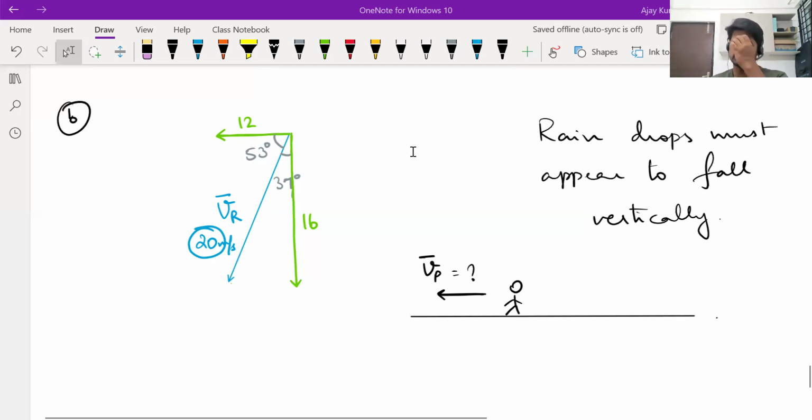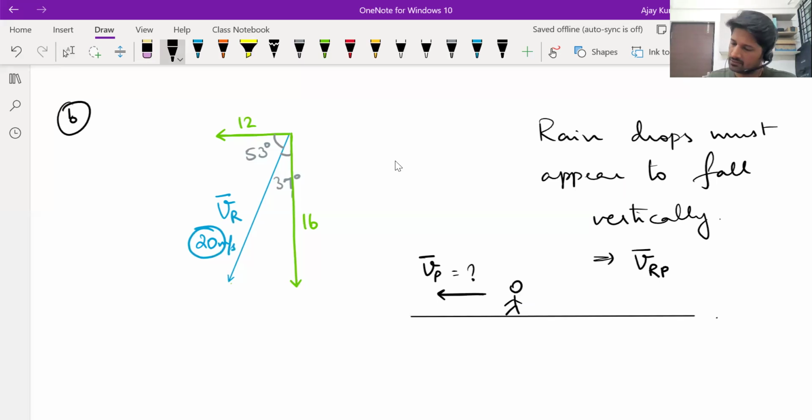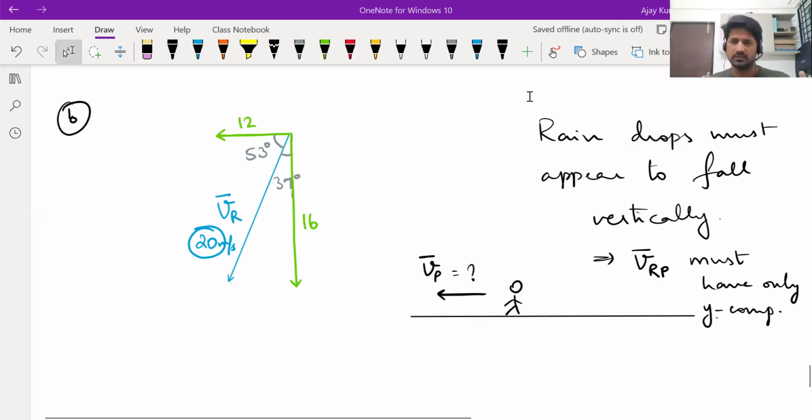And listen to this idea, all of you. Raindrops should appear to fall vertically means mathematically velocity of rain with respect to person should only have a y component. It should not have an x component. Okay, it should be only in the y direction. So velocity of rain with respect to person must have only y component. That's the mathematical logic that you have to use here.